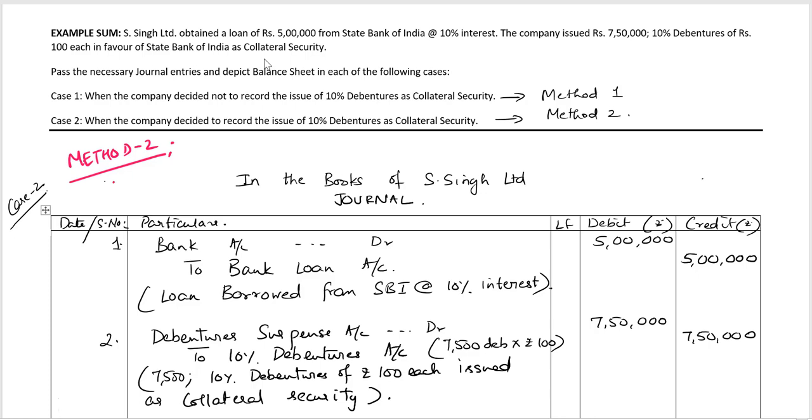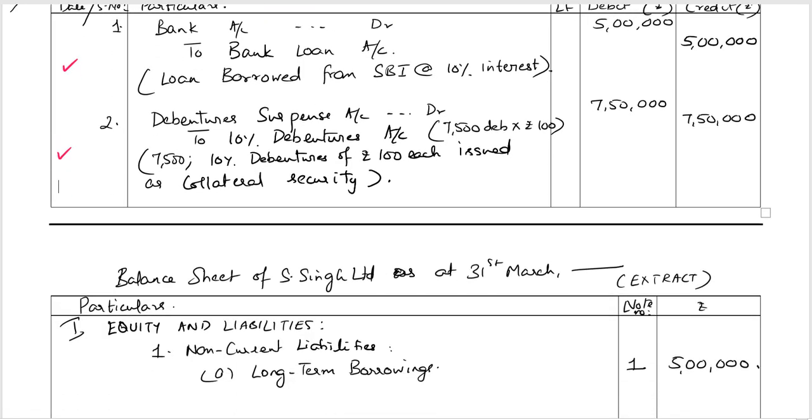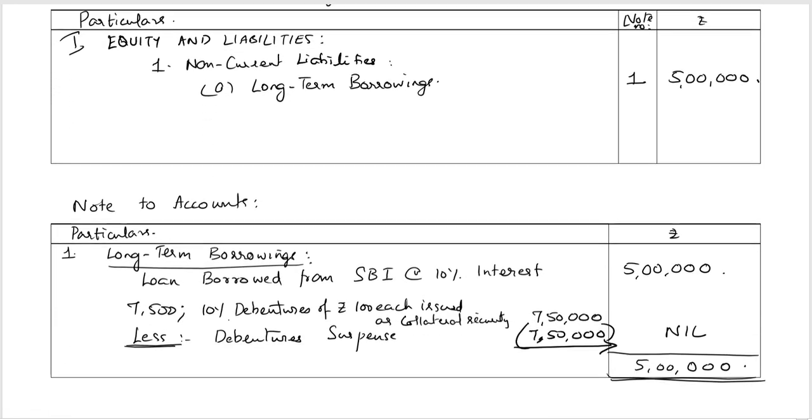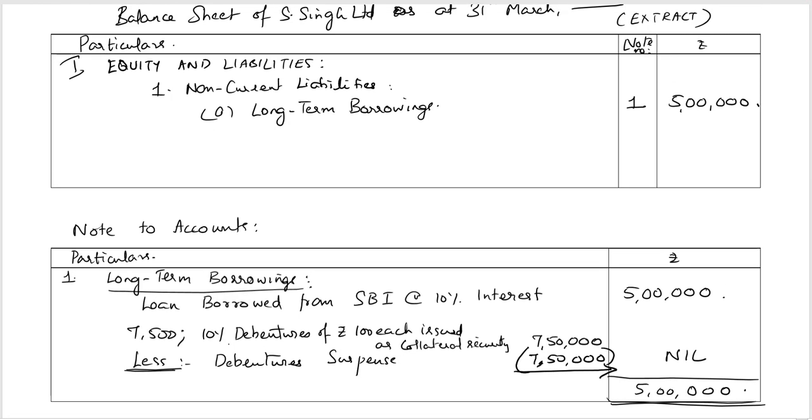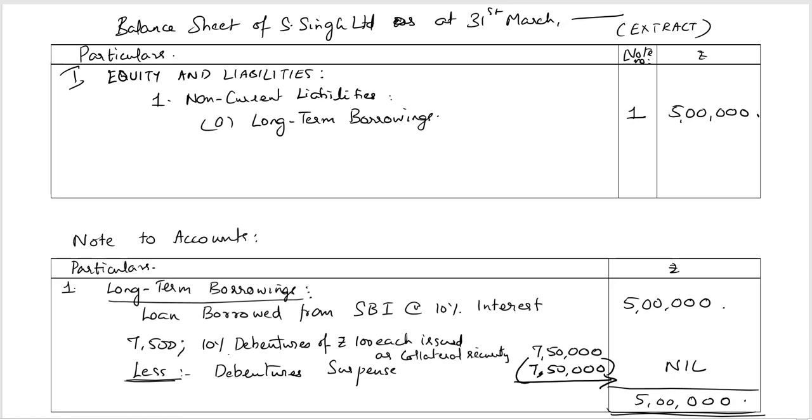We need to pass 2 journal entries, one for borrowing of the loan and an additional journal entry for issue of debentures as collateral security. That's the balance sheet in the top, followed by the note to accounts.